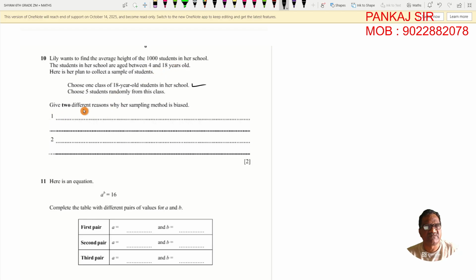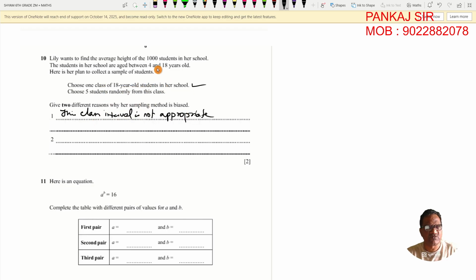So if she tries to choose only one class of 18-year-old students, then this sample is not appropriate, because that will not include the 4-year-old students, or the other students between 4 and 18.